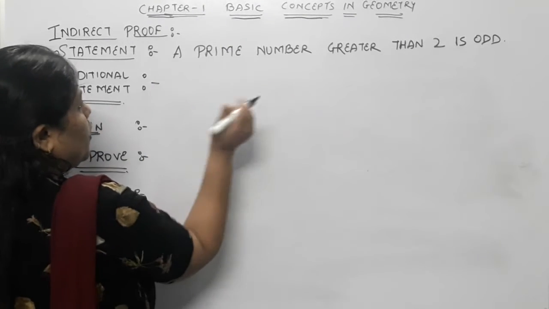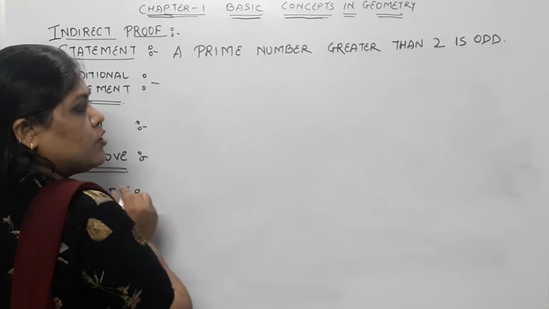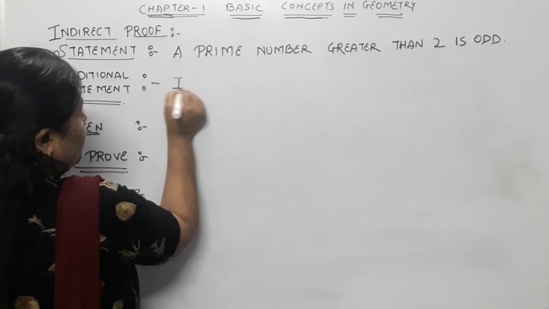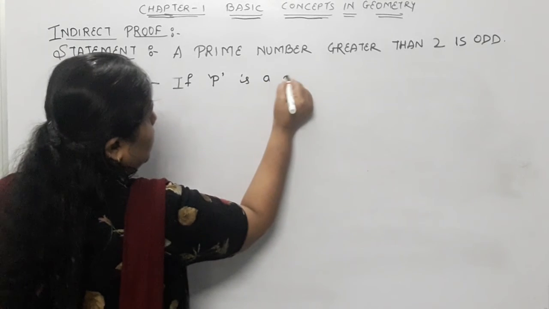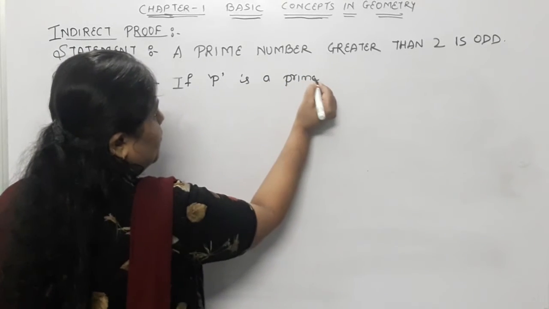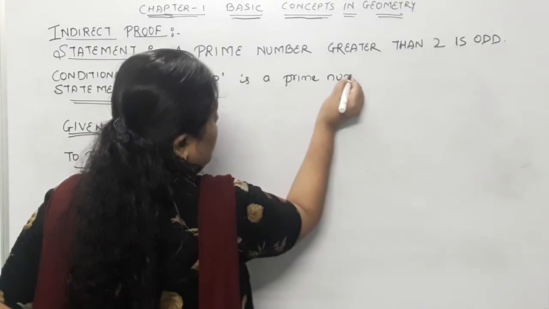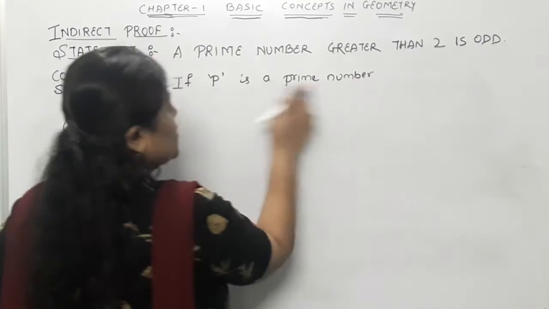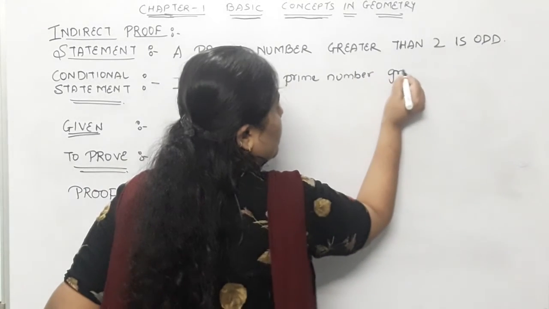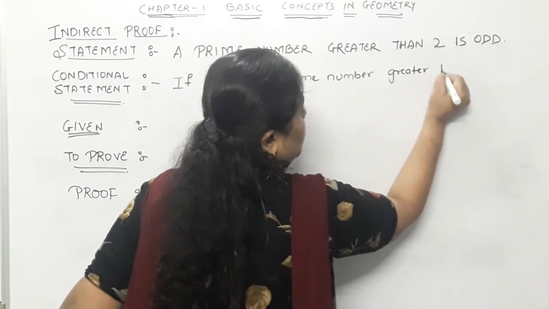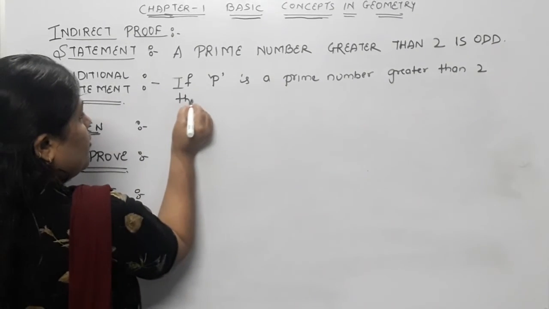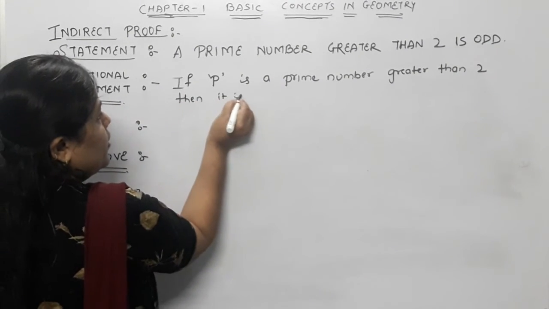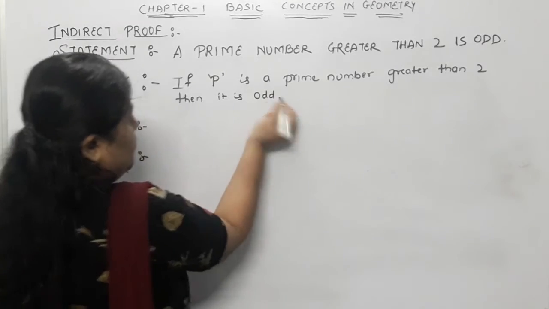Now, see, a prime number greater than 2 is odd. So, I'll write if P is a prime number greater than 2, then it is odd.